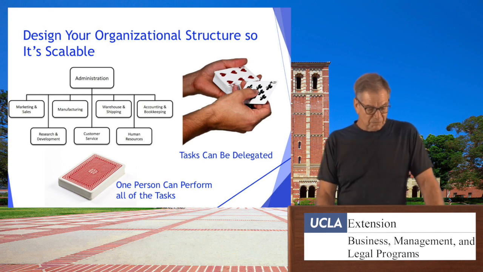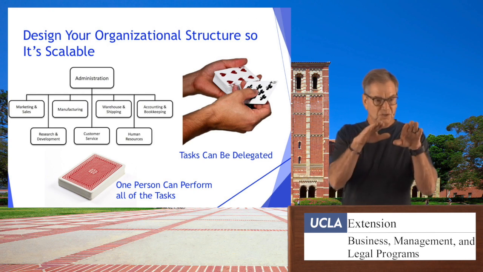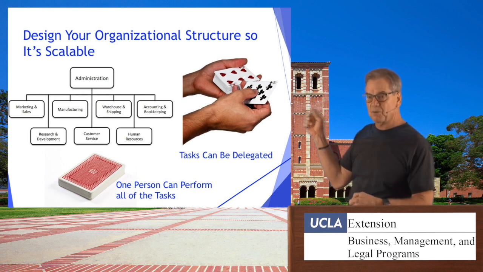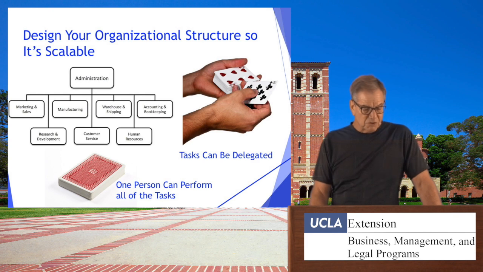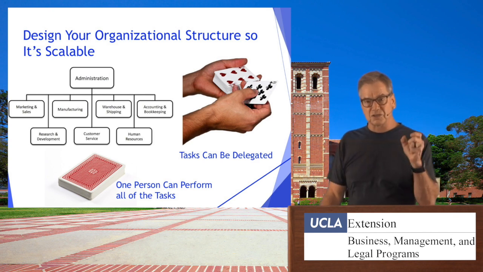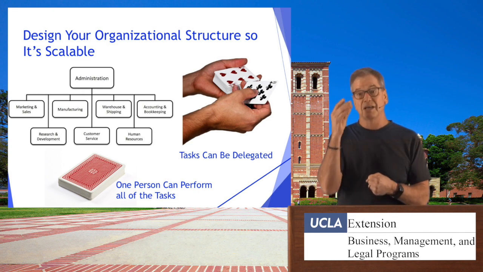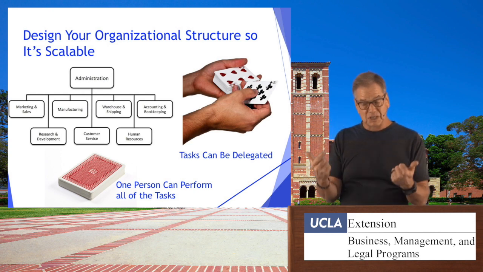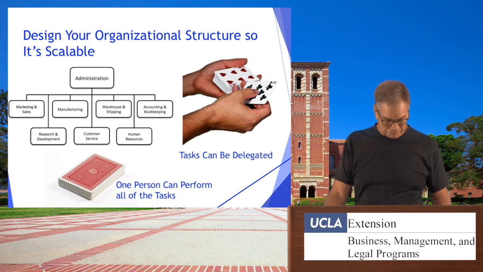And if you're a one-person firm, there's still division of labor, and there's still all these job titles and job descriptions represented by all these cards that are distributed through the company. But if it's a one-person firm, you hold that entire deck of job titles and job descriptions in your hand, and you've got to get this stuff done some way, somehow, by yourself or by outsourcing or finding someone that will volunteer and help you.